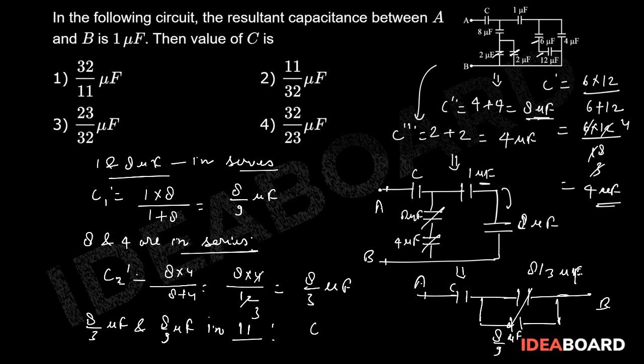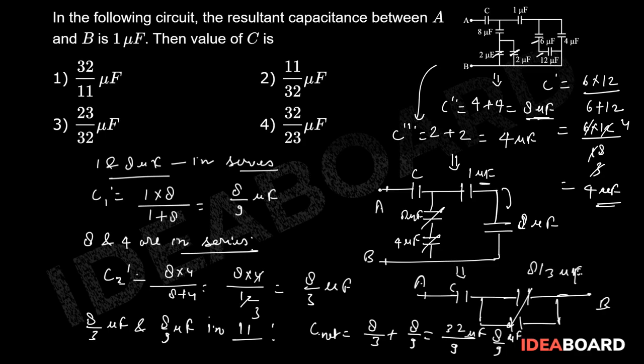So which will give C net, which will give you 8 by 3 plus 8 by 9. So this will be 9. This will become 3 into 3, 3, so 24 plus 8, so 32 by 9 microfarad, right?